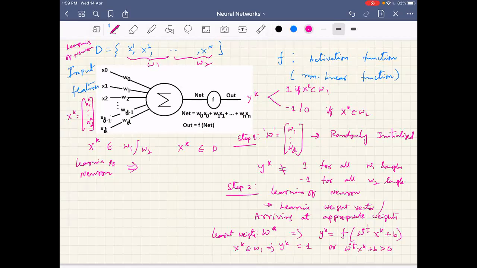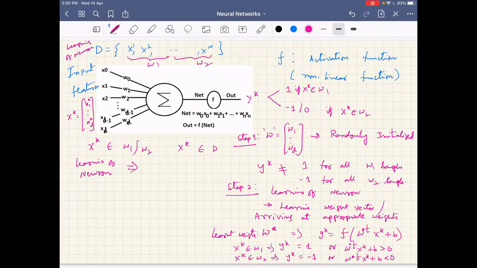Similarly, if Xk belongs to omega 2 class, it implies the network has to output -1, or it outputs -1 only when W transpose Xk plus B is less than 0. So this is what is ideally expected.